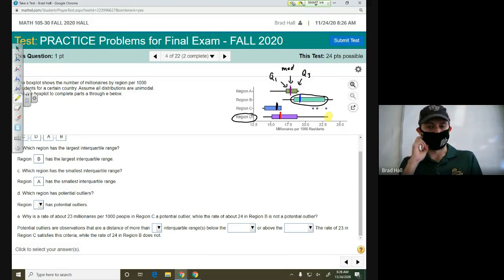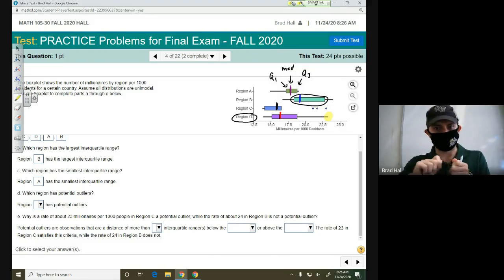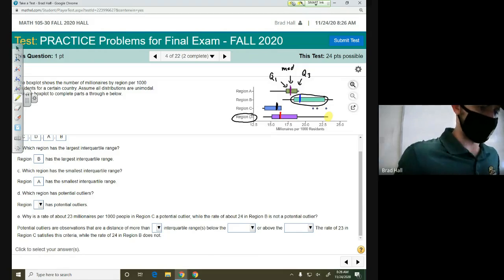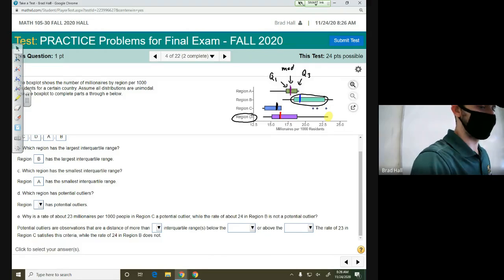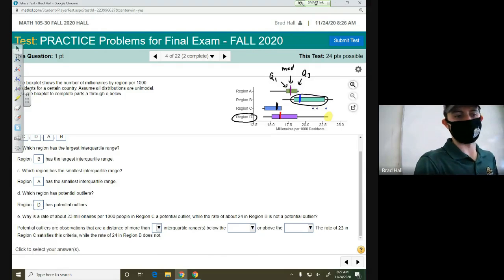For all the other ones, those line segments do not stretch too far away from the box, relatively speaking. So that's the one that seems to have the biggest potential for outliers, region D.